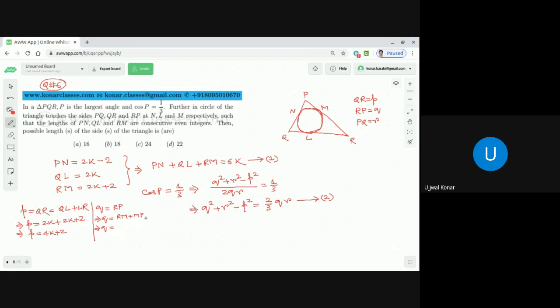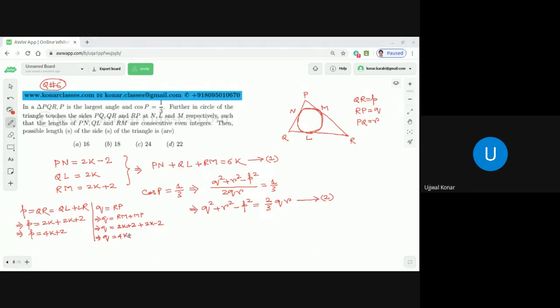If you see, RM is equal to LR, and LR we got as 2K plus 2 in the previous step, right? 2K plus 2 plus MP. MP is nothing but PN, that is 2K minus 2. So we get Q is equal to 4K.